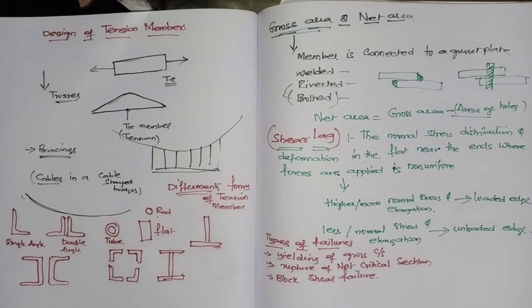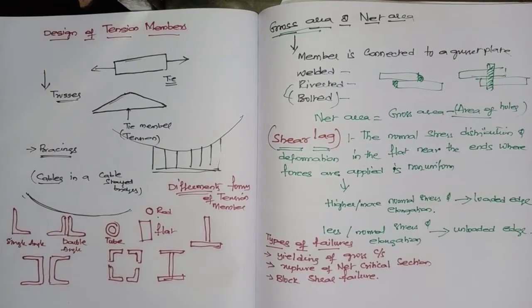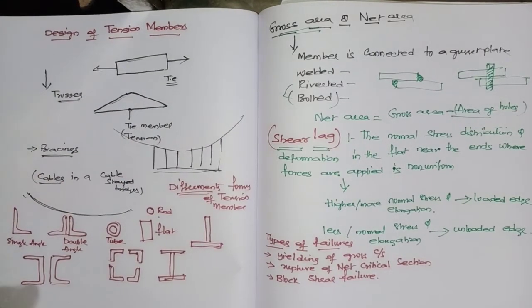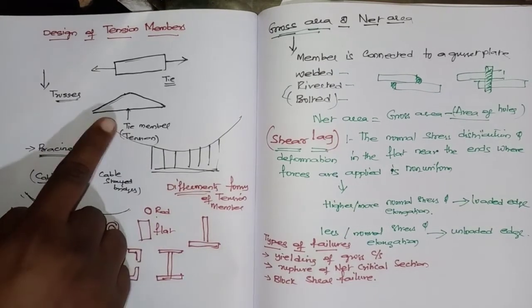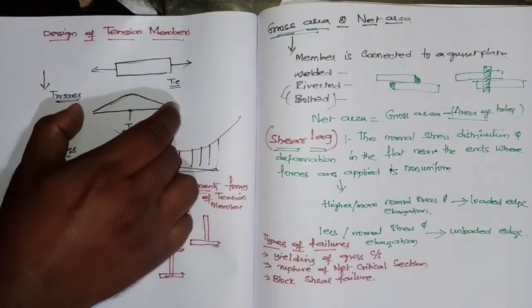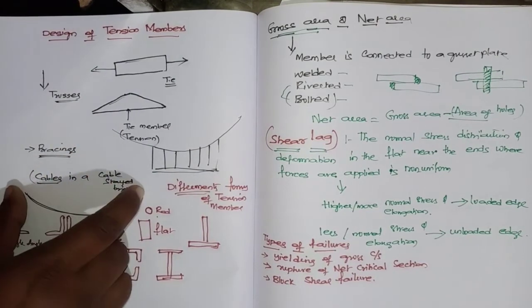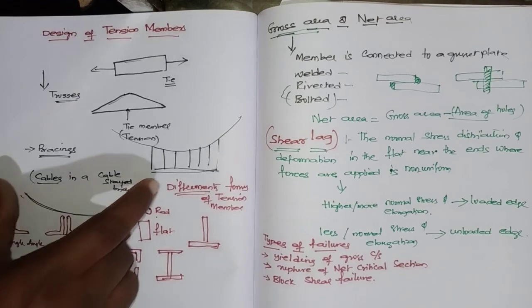In the starting we discussed what a tension member is and what the applications of tension members are. This is a tension member or tie member in a roof truss. Bracings and cable suspension bridges also have tension members.